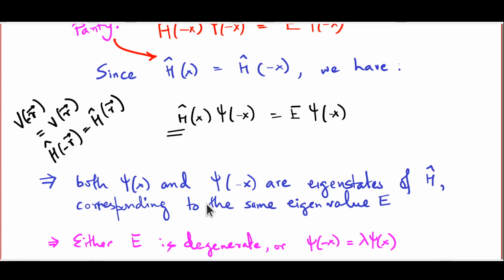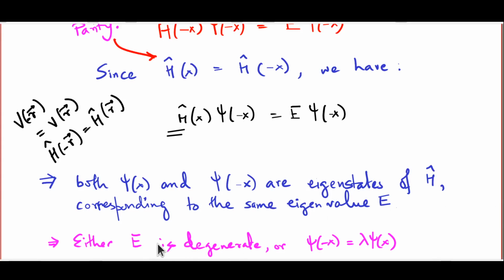If not, there is another option, which is psi(-x) and psi(x) are not independent, they are actually proportional to each other, which means psi(-x) is some constant times psi(x). This of course doesn't count as a new wave function, simply because the Schrodinger equation being a linear homogeneous equation, if psi(x) is a solution to that, any multiple is of course also a solution. So they are considered to be the same solution.